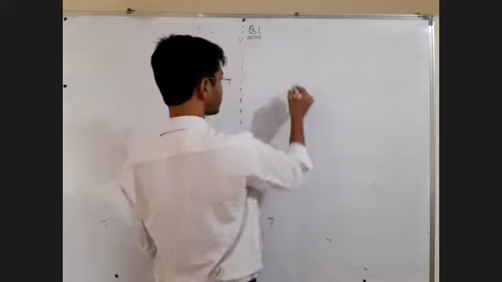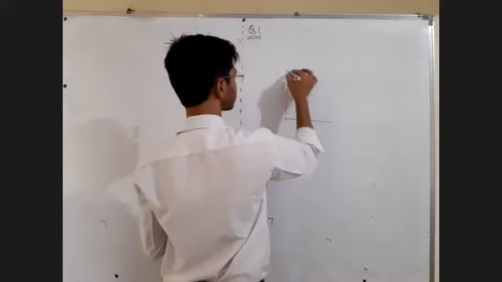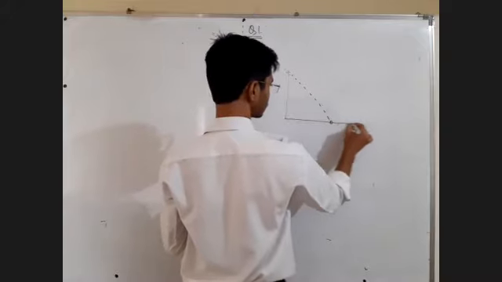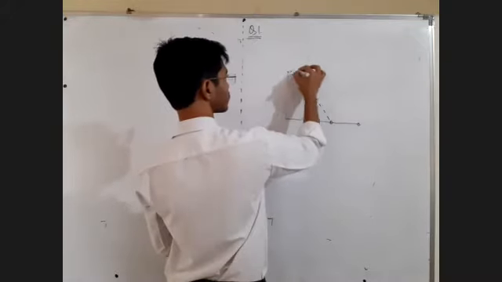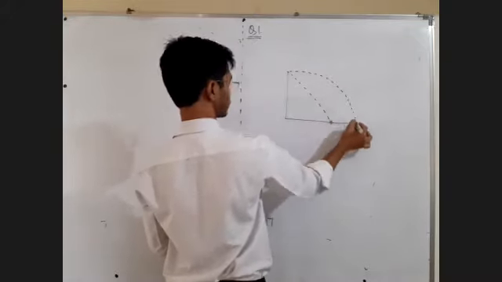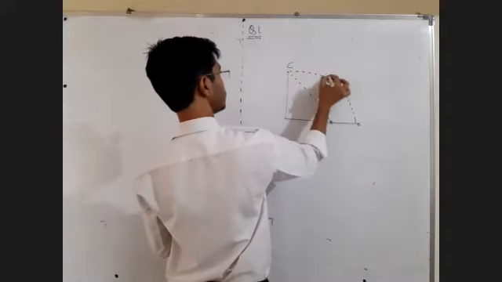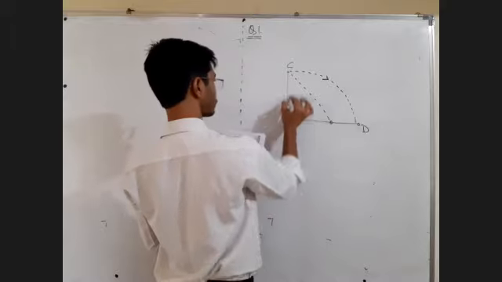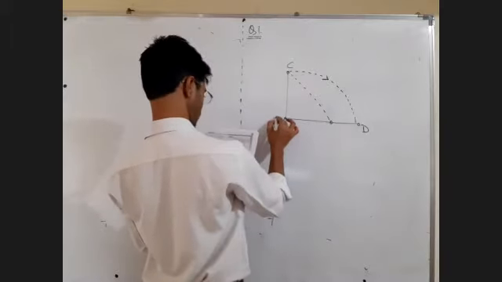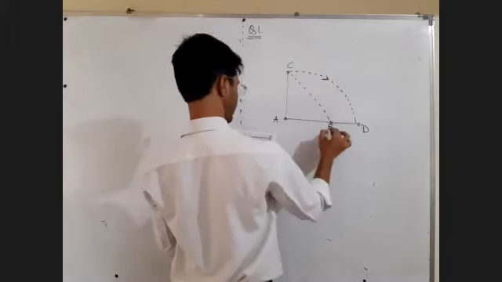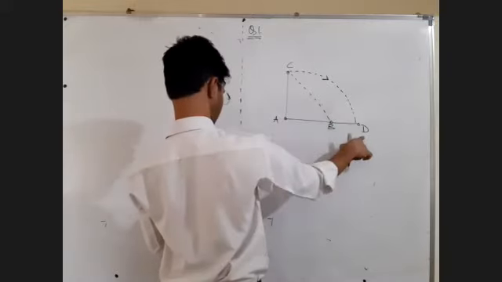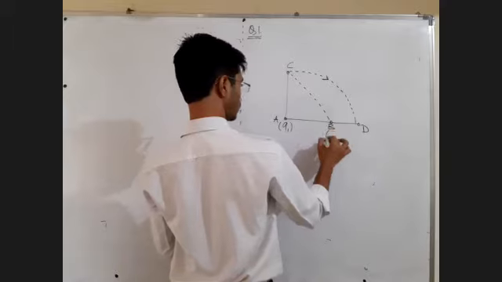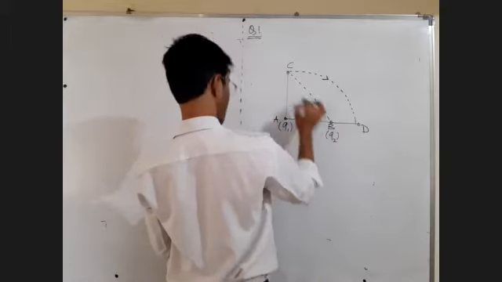For the given figure, arc of the circle from C to D. Point A, point B, point C, point D. Charge Q1, charge Q2, charge Q3.